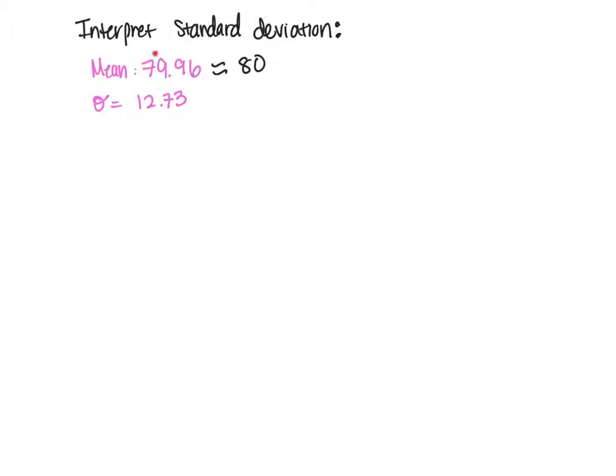So on average, 80% is the average test scores. Whereas this one here, it is a 0.7, so you do need to round up. This is going to be 13%. So if I were to create a normal curve, let's figure out where our probabilities lie at.